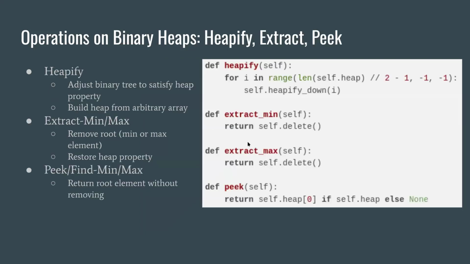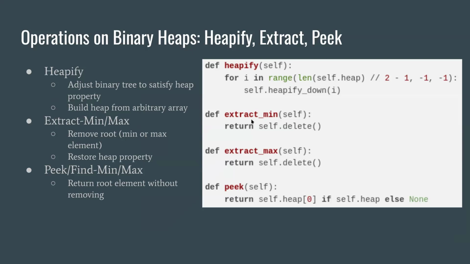Operations on binary heaps, heapify, extract, and peek. So in the heapify operation, we are basically adjusting a binary tree to satisfy the heap property, and heapify can be used to build a heap from an arbitrary array of elements by calling it on all non-leaf nodes starting from the last one.